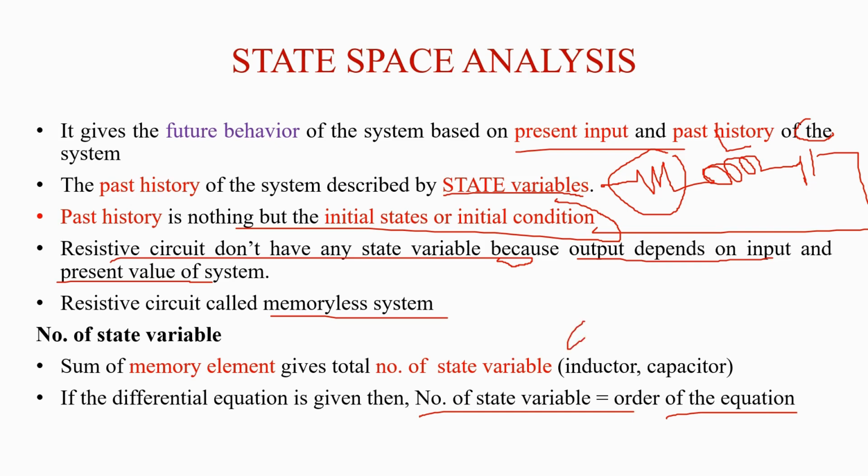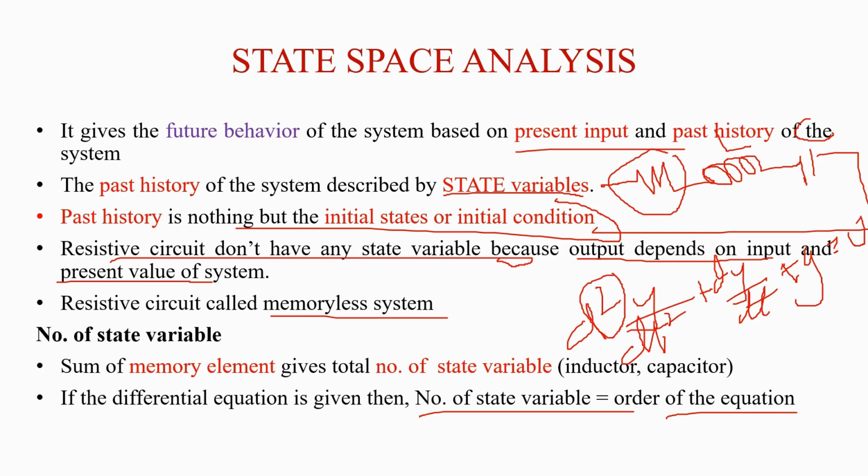For example, d squared y divided by dt squared plus dy divided by dt plus y equals u. Here the order is the number of state variables. If we additionally have d cubed y divided by dt cubed, the number of state variables is 3. It depends on the order of the differential equation.